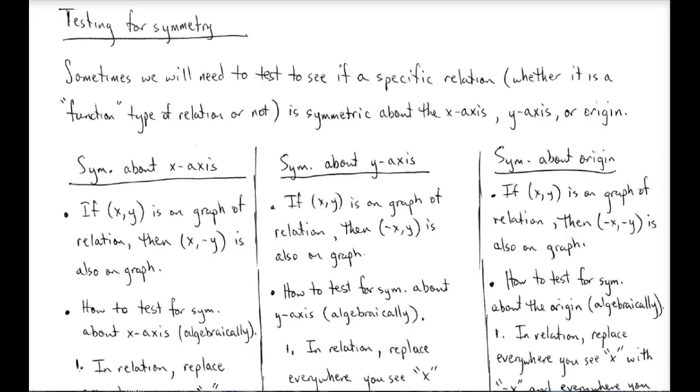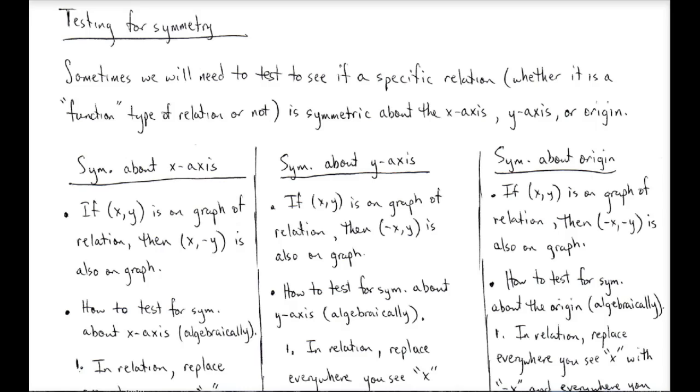So we see here that sometimes there may be a situation where we need to test for symmetry for a particular relation that may not necessarily be a function. And so in that, we have the symmetry test that we need to do.